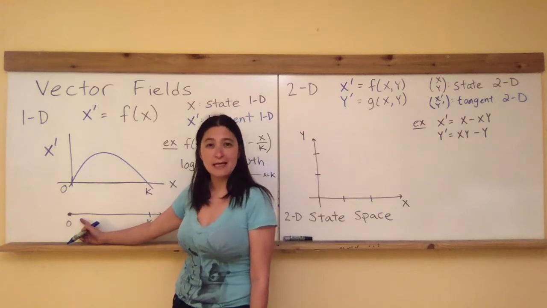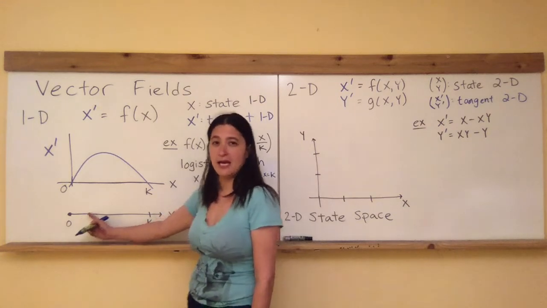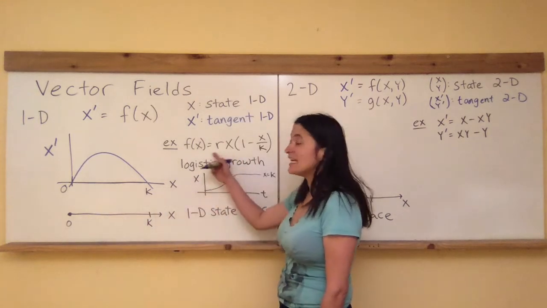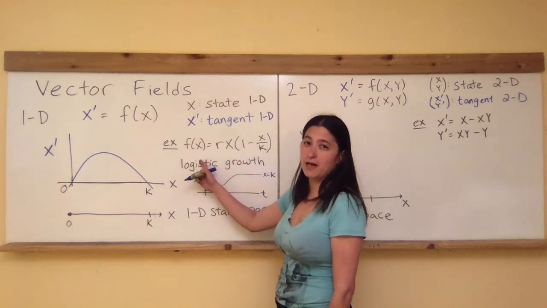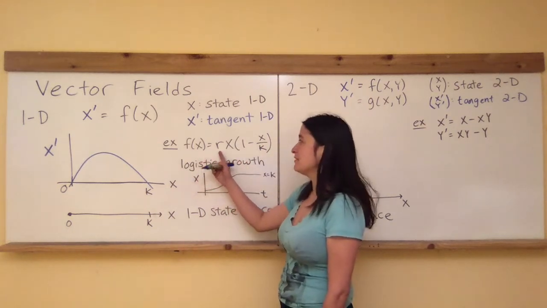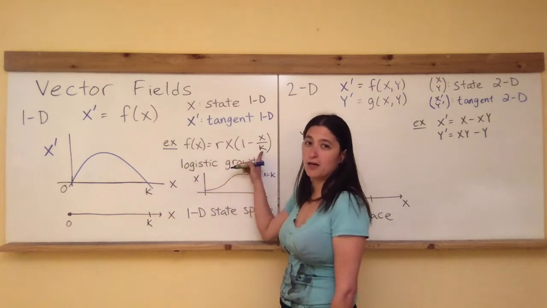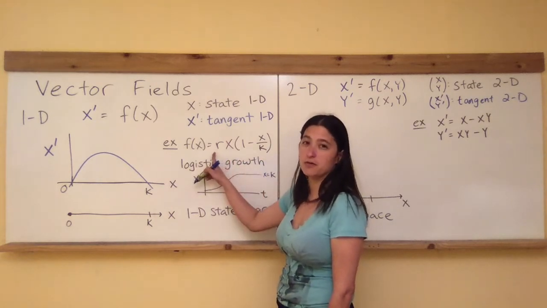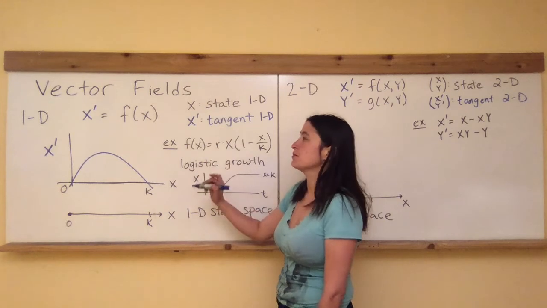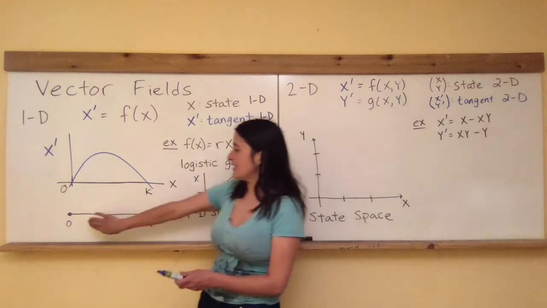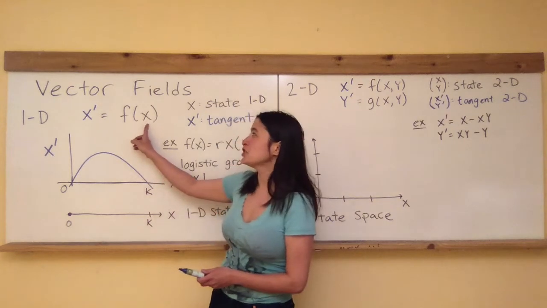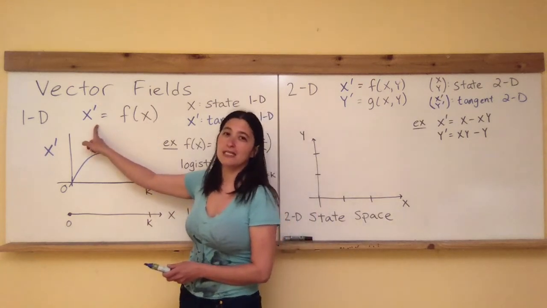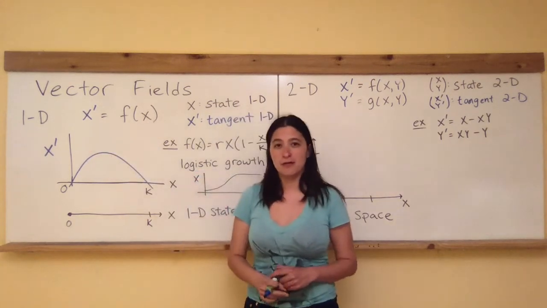I would take that number, 3.5, for the state x, and plug it into f of x. It's going to be the input value for f of x, and then given specific parameters for r and k, if I had values for those parameters, I would be able to take the chosen state of x and plug and chug into f of x, and then I would get the value of x prime out.